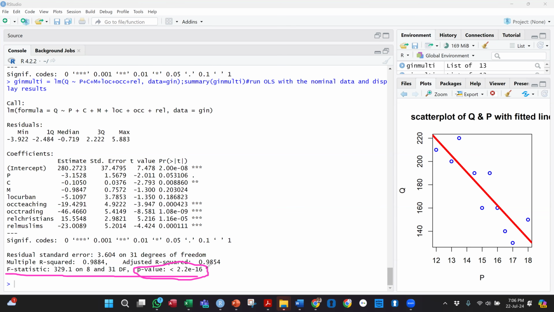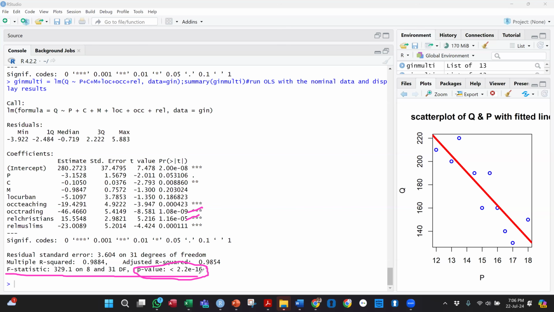What does this mean? Who can tell us? What does this p-value mean, actually? The value is actually equal to what? If you look at it carefully, just as we saw with occupation trading and religion Christian up here.